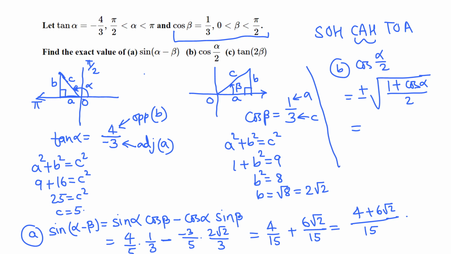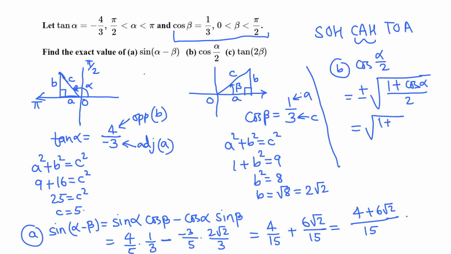When we divide any angle in the second quadrant by 2, we get the first quadrant. You can simply take, let's say, 120. If we divide by 2, that's 60, which is in the first quadrant. In the first quadrant, all the trig functions are positive. That means of plus minus, we just take plus and don't have to write it.